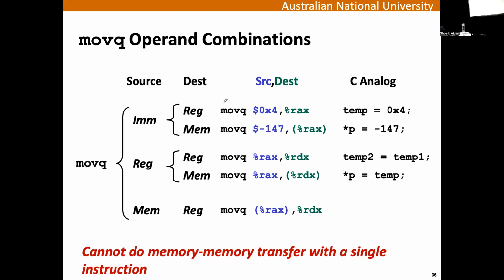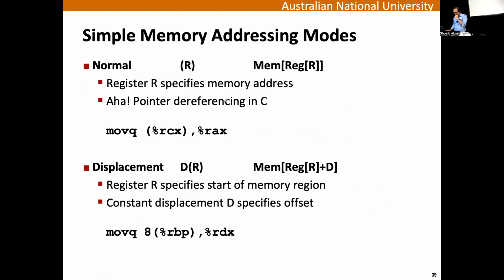Every ISA has a number of addressing modes that we need to know. And this is what they tell us: how should we treat an operand? We can't just randomly assume that parentheses means something. So whenever you see parentheses, we already discussed pointer dereferencing in C. We use it like this.